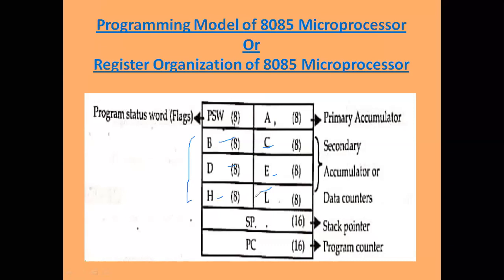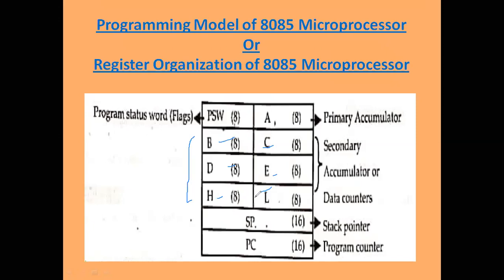Just like in C++, how you store your data by declaring a variable like int i = 10. What does it mean? You are storing 10 in variable i. There you can give any name to your variable, but in 8085 microprocessor programming, you can't declare your own variable.